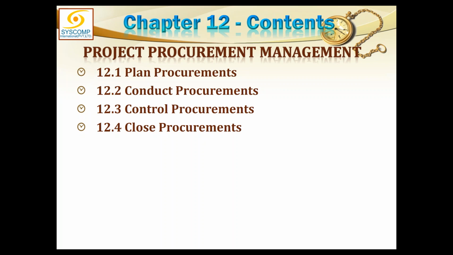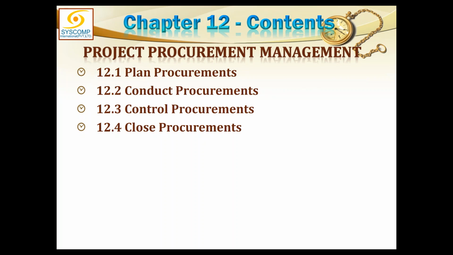And once all the contracts have been properly completed, then we move on to the closing process group, and there we have a closed procurements process, which is a kind of an auditing function to ensure that all the contracts have been properly closed down and there is nothing outstanding.